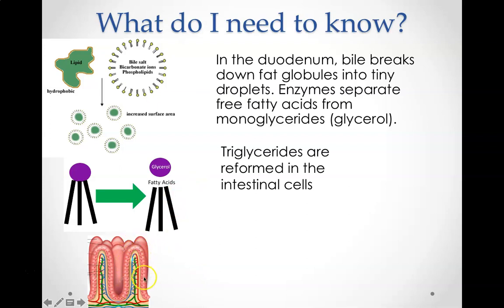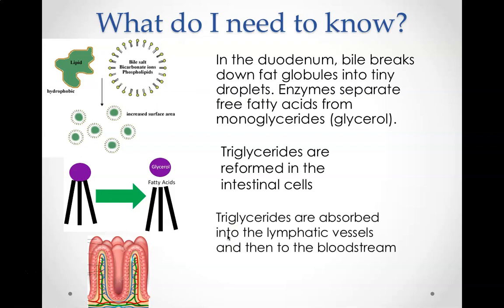So hopefully you can see where my mouse is here, but in the small intestine, instead of just passing right through, these separate pieces, the glycerol and the free fatty acids, are going to go right into these cells, and then they're going to be reformed. So they're taken apart and then they're kind of put right back together. And then triglycerides are absorbed into the lymphatic vessels and then the bloodstream. So that is another difference there, is instead of going right into the bloodstream, we're going into the lymphatic system first.